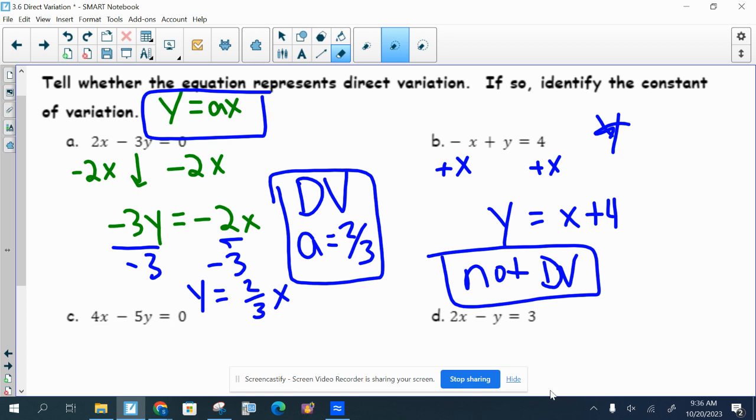Even if you can tell what it is, like yes or no, without solving for y, you want to do that anyways because you want to identify the constant of variation, which is the slope.